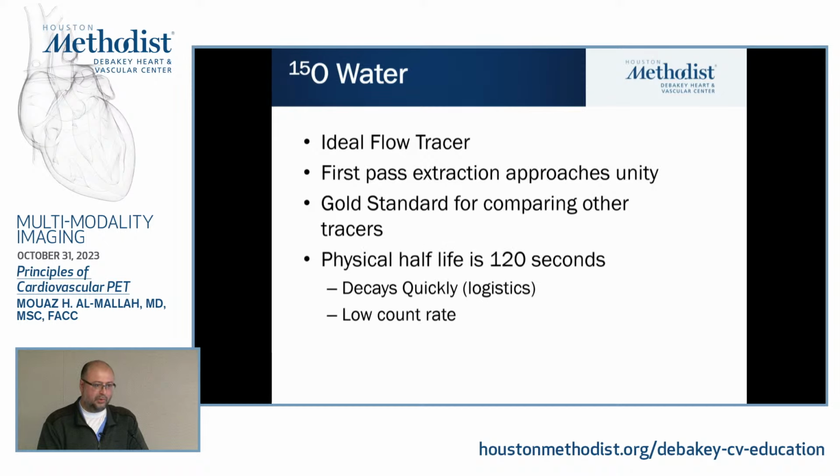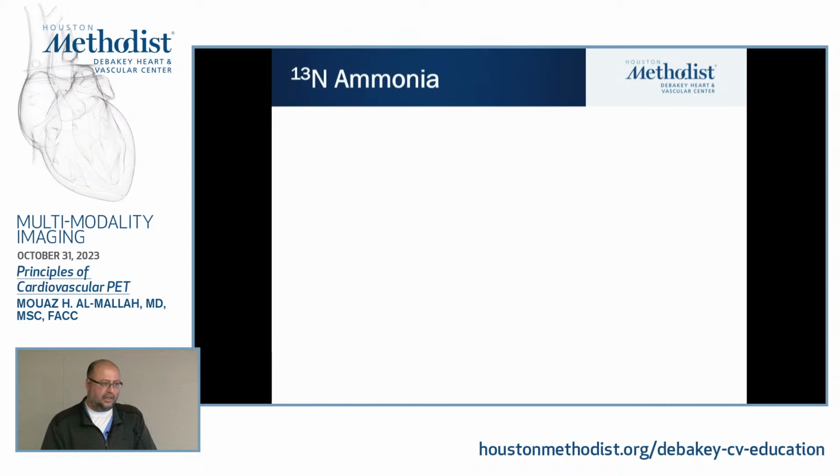The half-life is 120 seconds, so it's not going to be easy to do an exercise study with it. You cannot exercise, inject, and then get the images. The second one that is approved in the US is called N13 ammonia, and this is cyclotron produced.